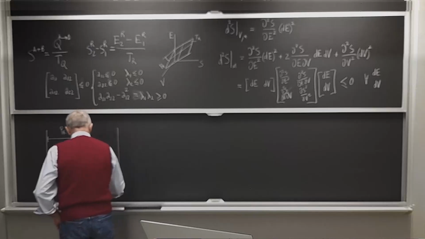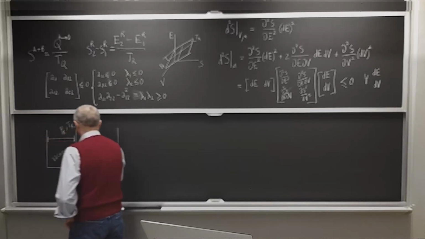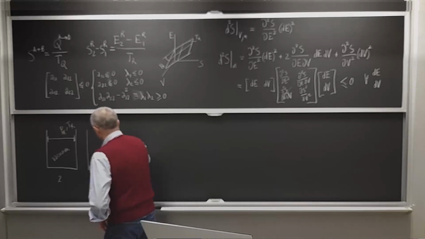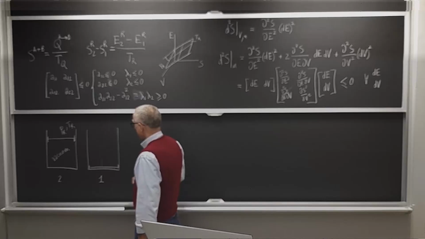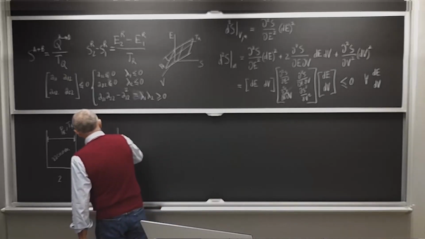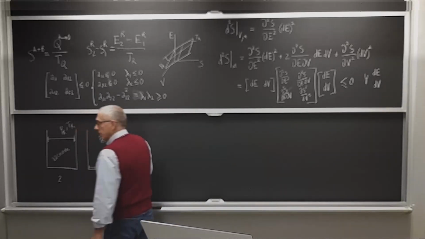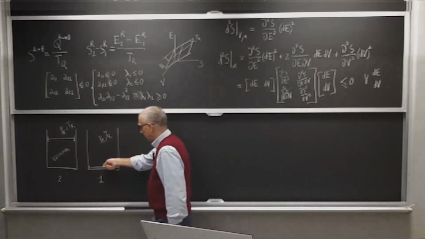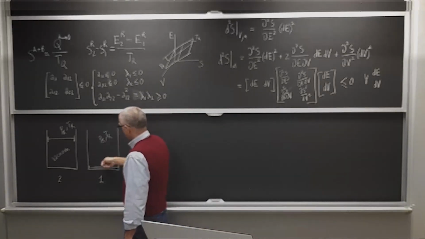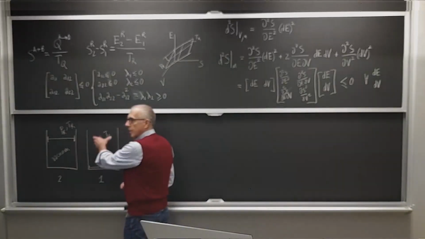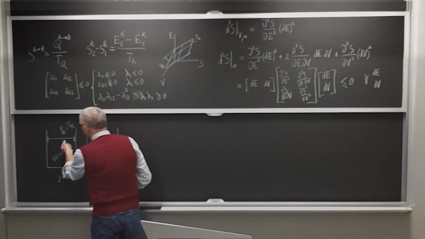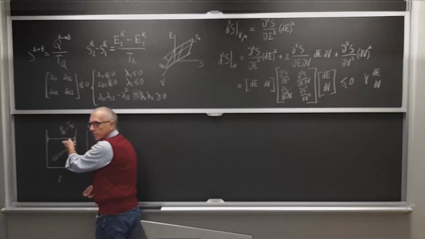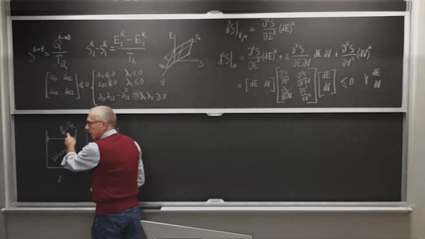This is my state 1, and this is my state 2, and I pull. Here I have the pressure of the environment. So if I pull, how much work do I have to do? If you look at the piston, on one side you have zero pressure because there's nothing here. On the other side you have PR.